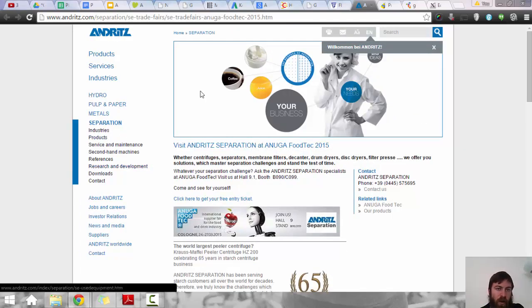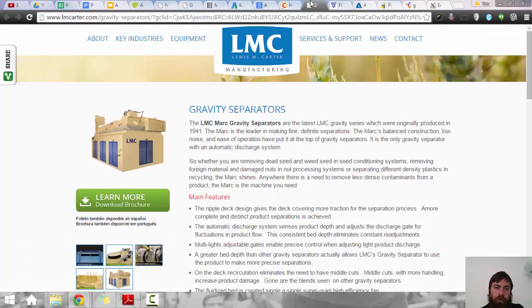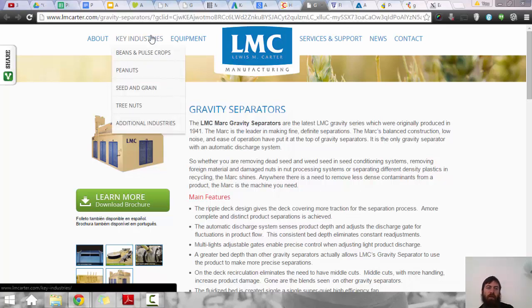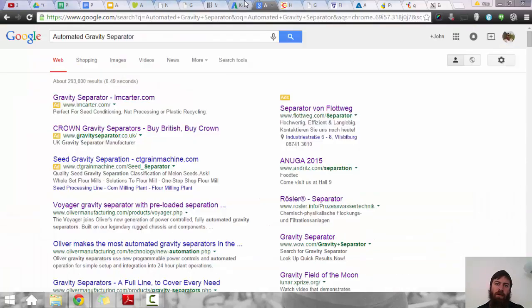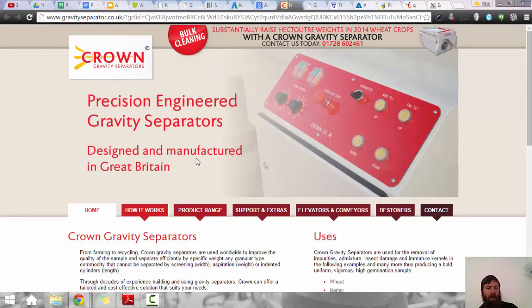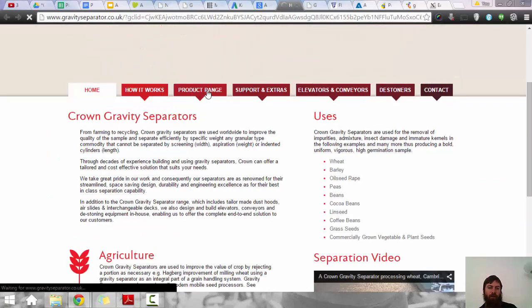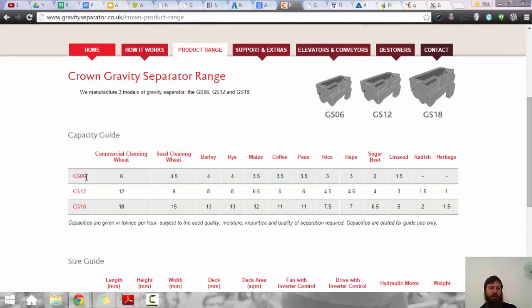Now what we want to know sometimes is, in terms of some of these companies, obviously we're going to be going after the term gravity separator, but maybe there's a specific name for this actual product. So I guess it's cleaning wheat.